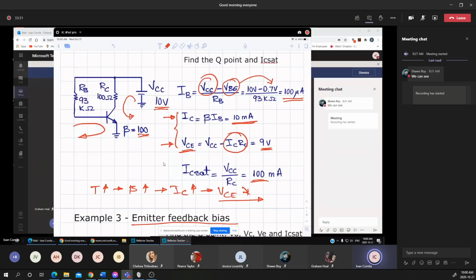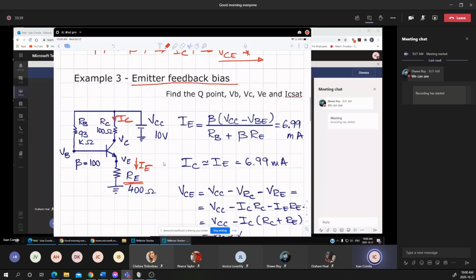Substituting the IB into beta IB, I will end up with the IC, or the IE, as beta VCC minus VB over RB plus beta RE. That's the first step.